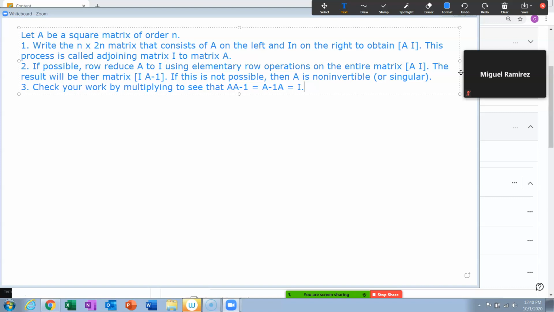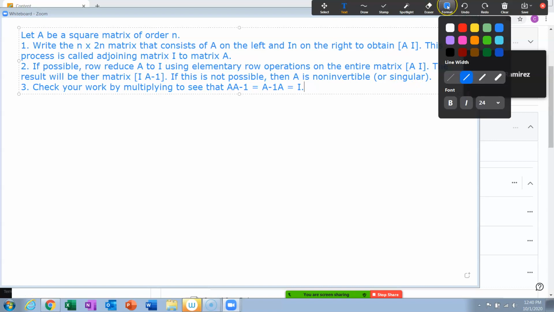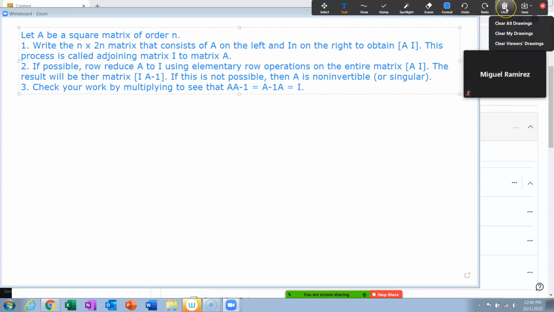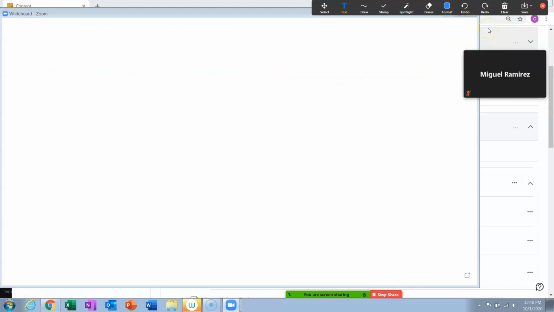Let's see if in the next 5 minutes we can do example 3. I want to leave this on the page, but just in case I need more room, let me clear it. Okay? Here is matrix A. Find the inverse of this matrix.